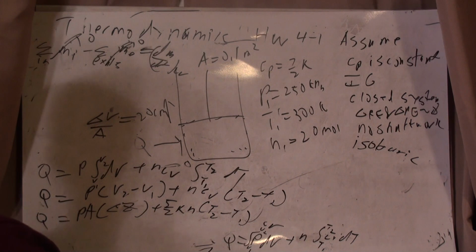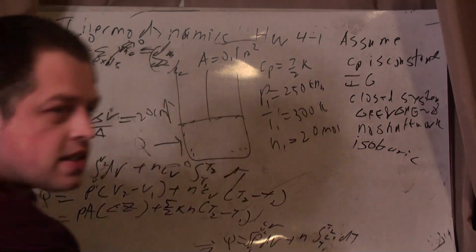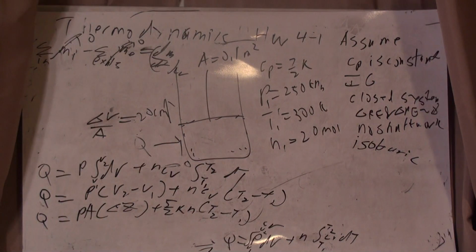So it doesn't really say how much the temperature changes. Let's see here. Does it say how much the temperature changes? No, it doesn't, and so we don't have enough information. We have the pressure, but we don't know how much the temperature changes, so we don't actually know the total amount of heat that's going to need to transfer.